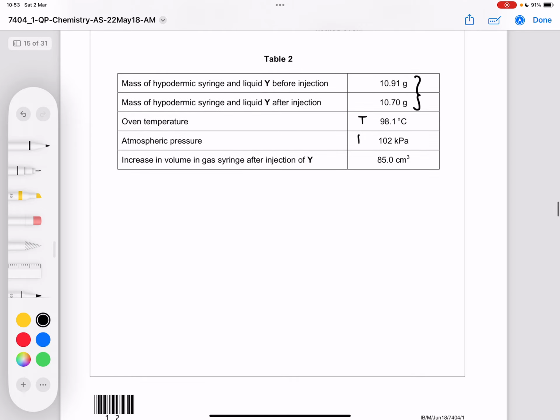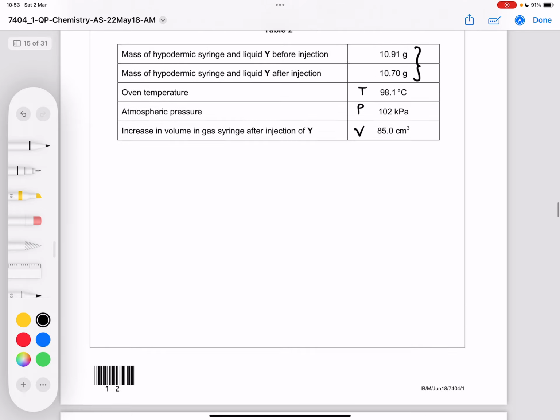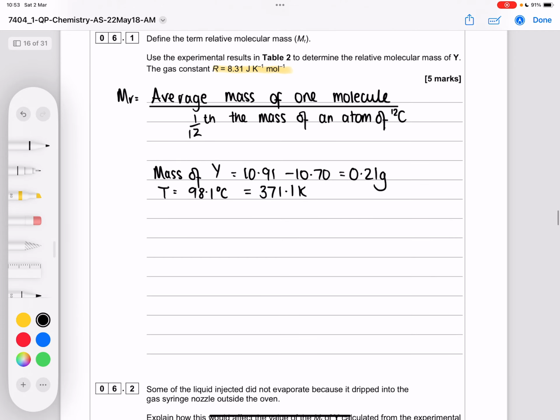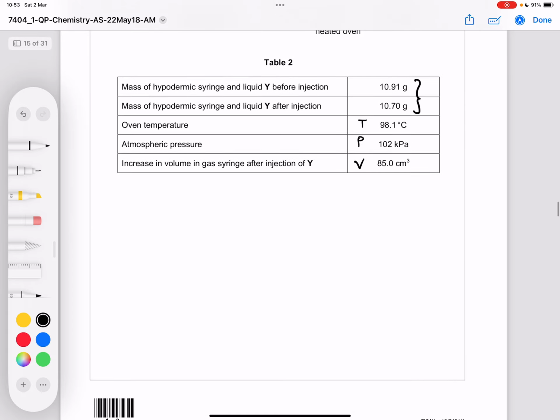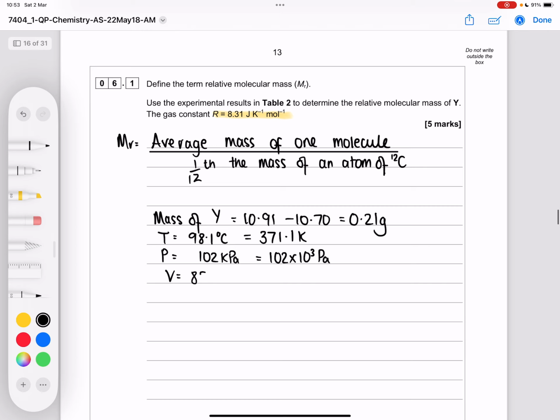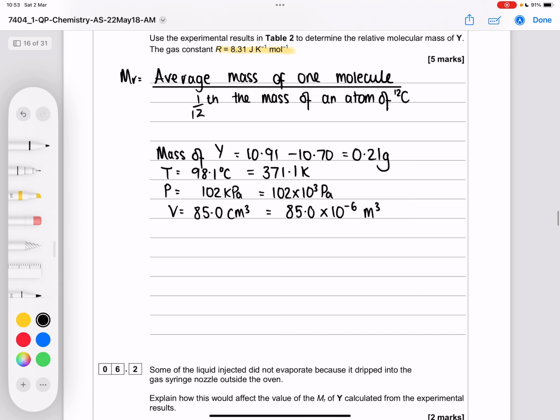So this was our T, this is our P, and this is our V. 102 kilopascals, which we need in pascals for the gas law, and then our V was 85.0 centimetres cubed, which we need in metres cubed, so we're going to divide by 1,000,000, times 10 to the minus 6 metres cubed.